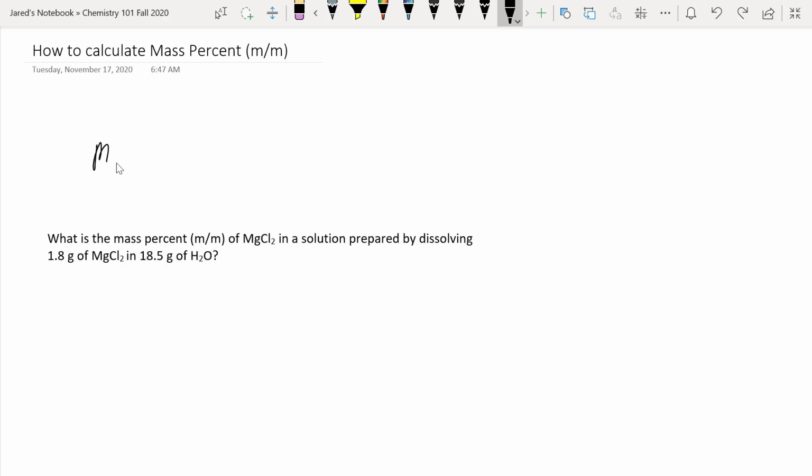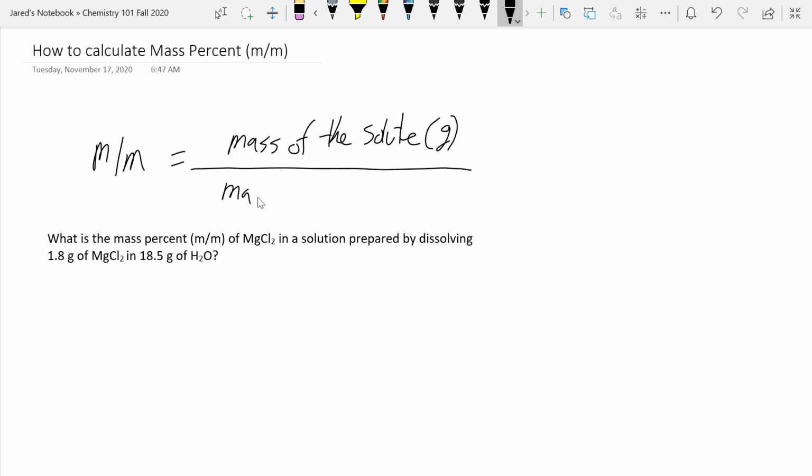Mass percent, which we're going to call m/m, is equal to the mass of the solute, typically in grams, divided by the mass of the solution, also typically in grams, and then times 100. This would give you what's called the mass percent, or what percentage of the solute is there of the entire solution.